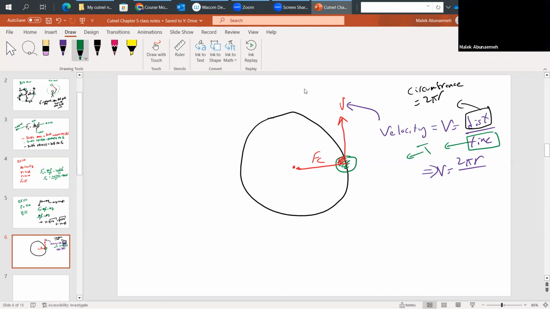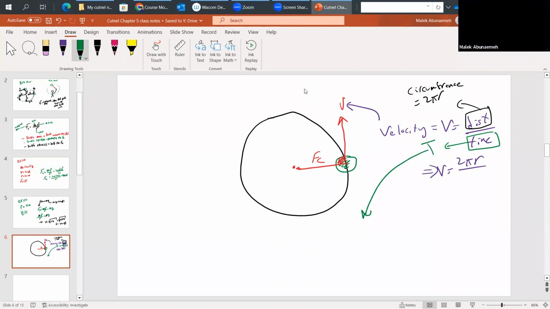Your definition of that is how much time per revolution.